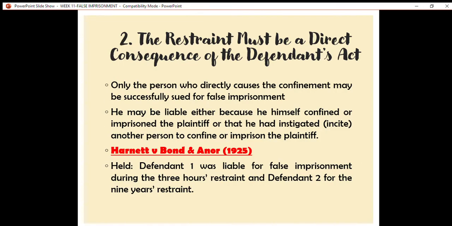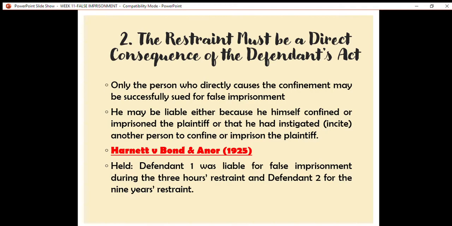Then defendant 1 called defendant 2, who asked defendant 1 to make sure that the plaintiff stayed there, as defendant 2 would send a call to fetch the plaintiff. In other words, defendant 2 gave instructions to defendant 1 to keep the plaintiff there. And the call arrived some 3 hours later, so it means that there was 3 hours of confinement or restraint to the plaintiff. And then the plaintiff was brought back to the asylum.